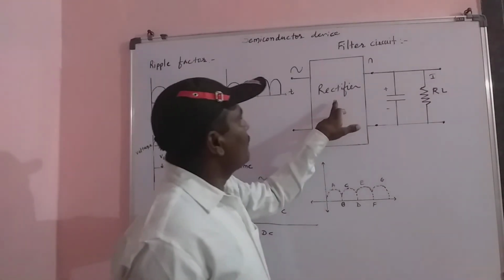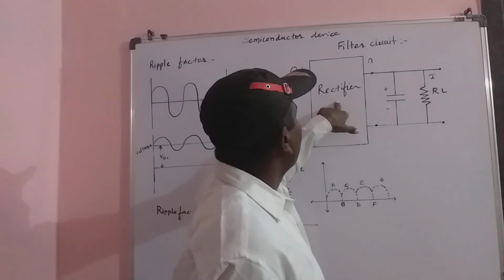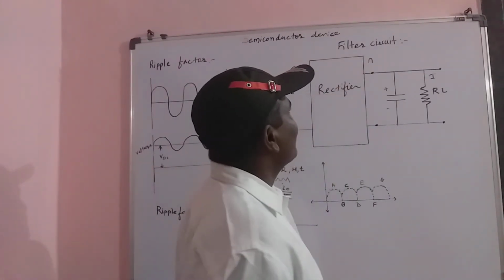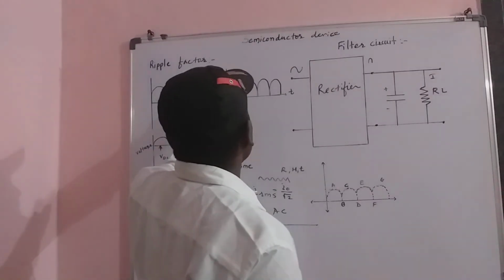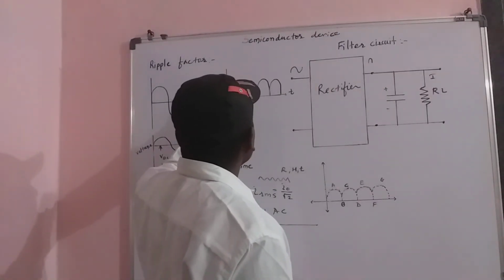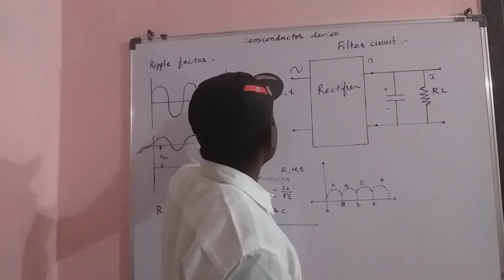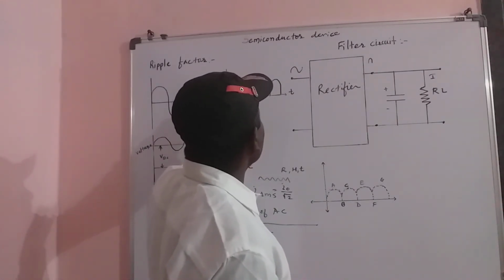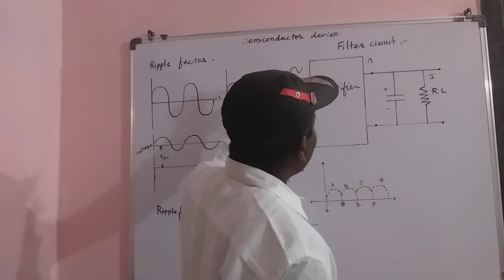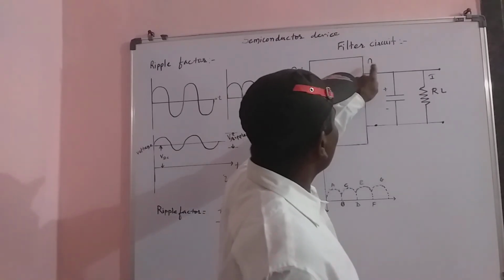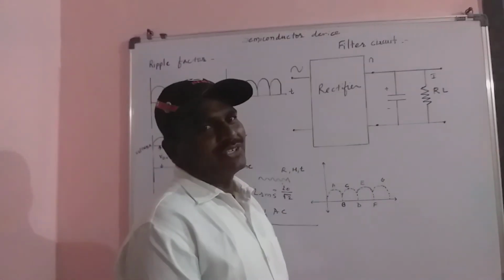When the rectifier output is unidirectional, it contains a fluctuation, that is the ripple component, and is not a steady value. At that time, this DC voltage is applied across the capacitor.